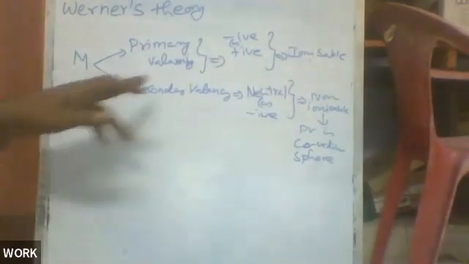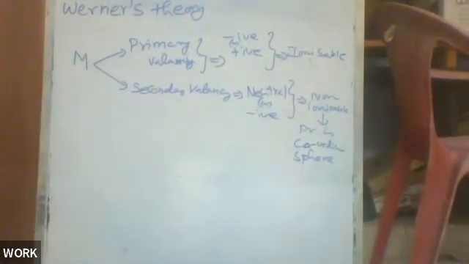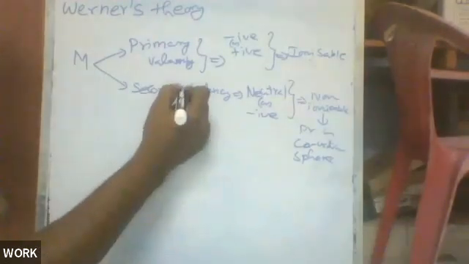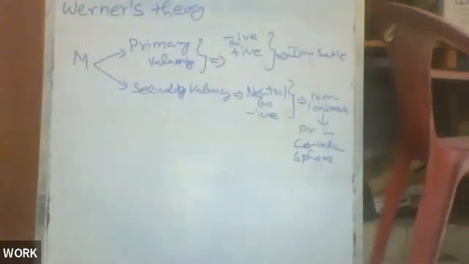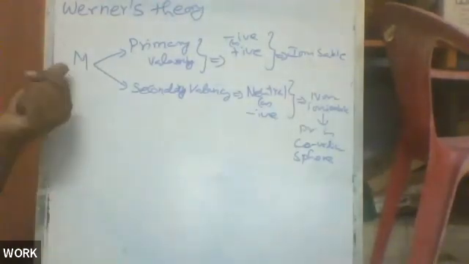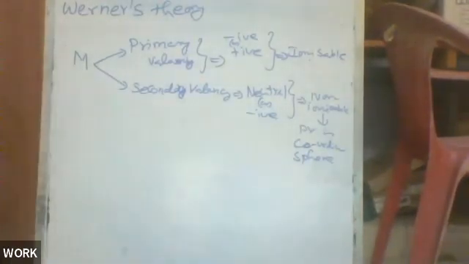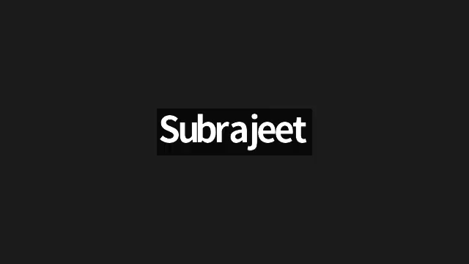Now you tell me, what is secondary valency? It's non-ionizable, present in the coordination sphere. Metal and which one are in the coordination sphere? Ligand, sir. Very good. So they are ligands.